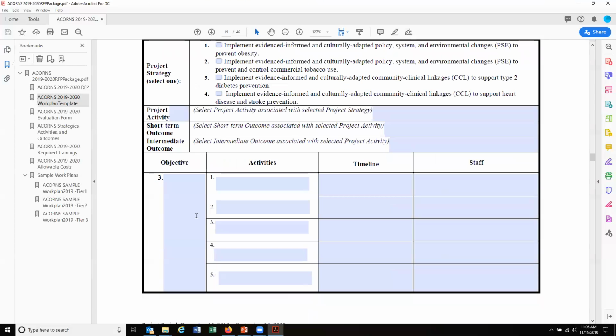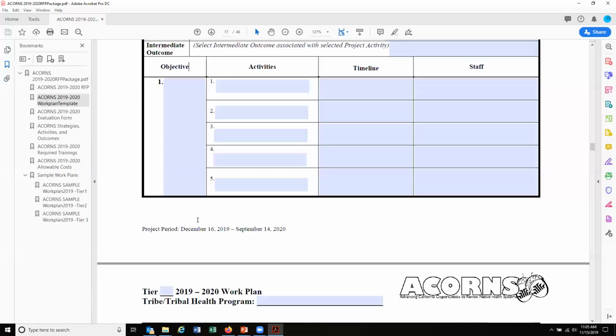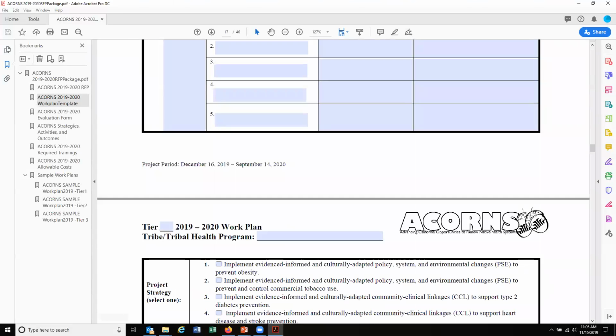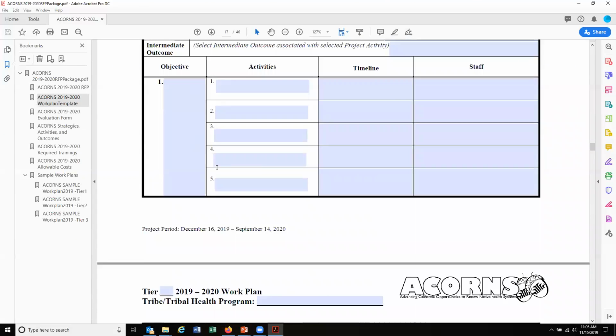So you just want to make sure that this top section relates to this section. And there are multiple pages here. Again, you don't have to use or complete all of these objectives and activities. You don't have to work on every project strategy area. And again, you can choose to change focuses throughout the 5 years if you want. But you can use this template for as much or as little of it as you need.